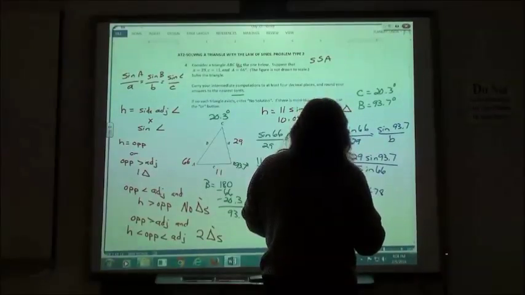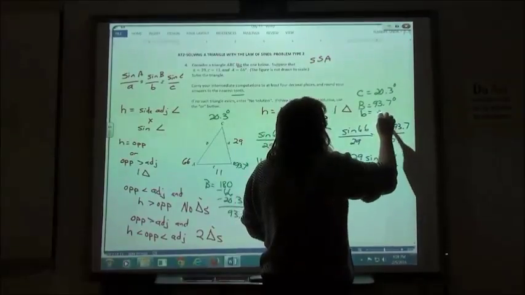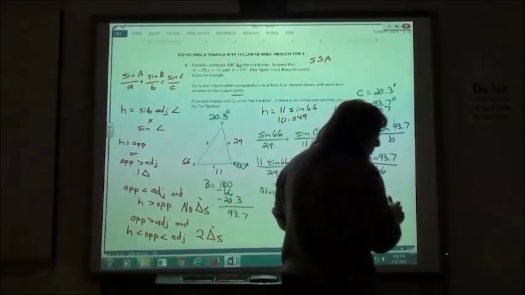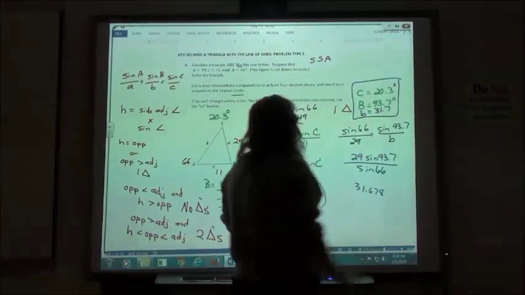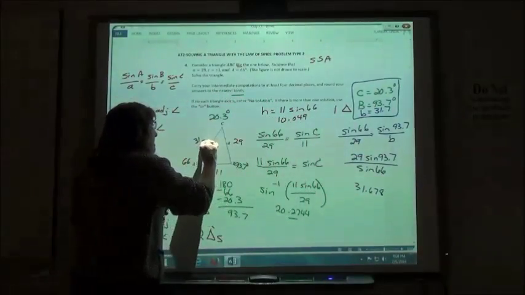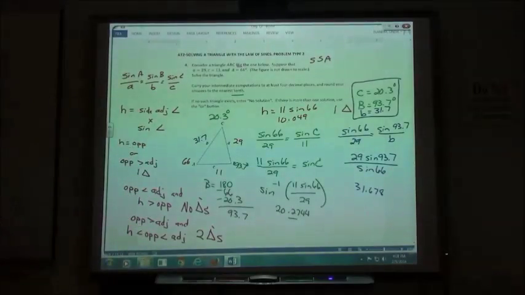Again, I'm rounding to the nearest tenth, so side B is going to be 31.7. Now I have all of my angles and all of my sides of my triangle found.